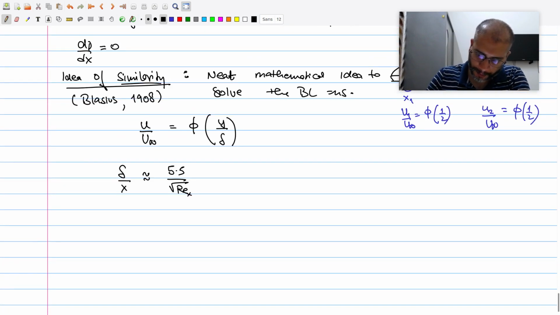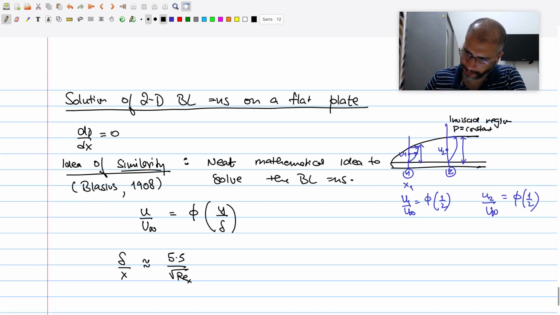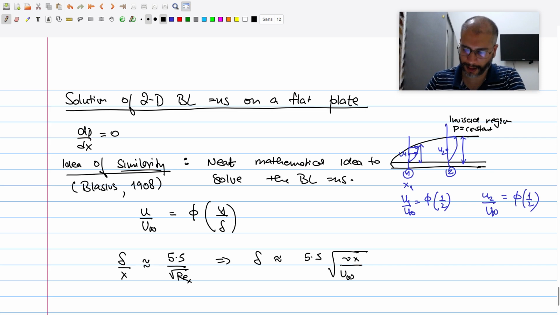This implies that my delta is approximately equal to 5.5 times the square root of nu times x upon u infinity. So that's how my approximate delta value is as a function of x, and this 5.5 is a constant.